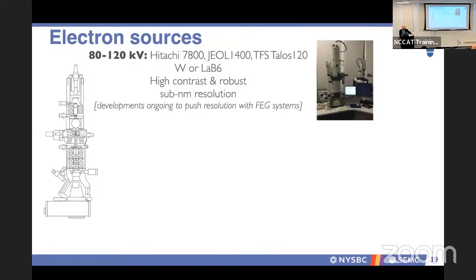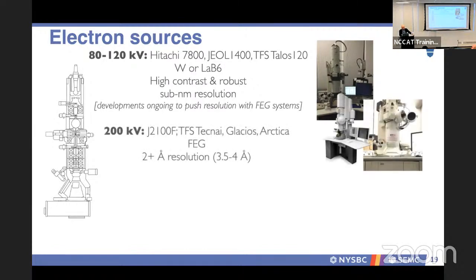Recently, there have been more and more developments on using field emission guns for 100 keV, because if you ever analyze the signal to noise ratio of different accelerating voltages for very, very thin samples, 100 keV might give you the better signal to noise versus a higher energy. But there's a reason why we've been using higher energies, and partly due to the detectors, we'll get into quite soon.